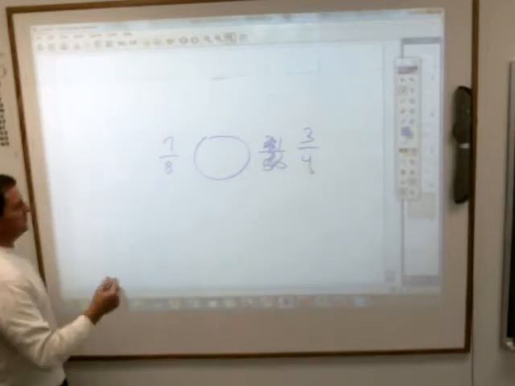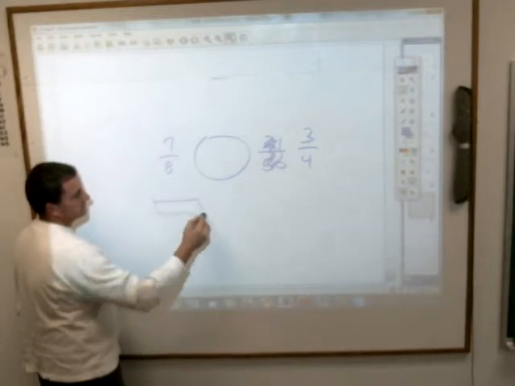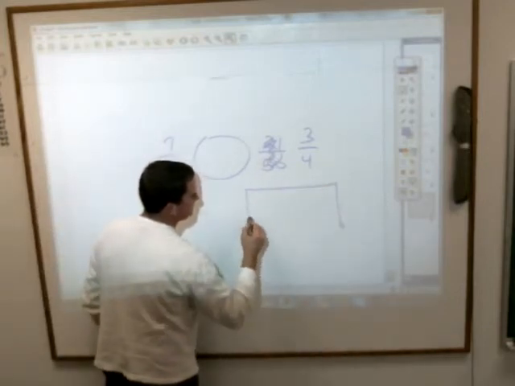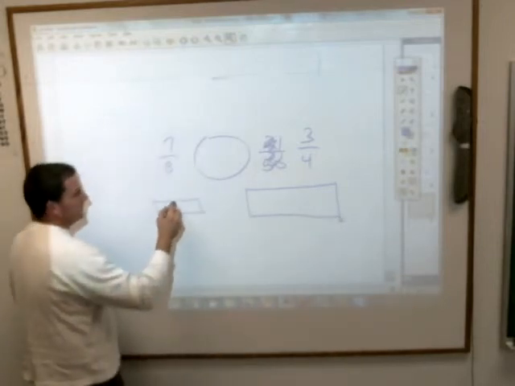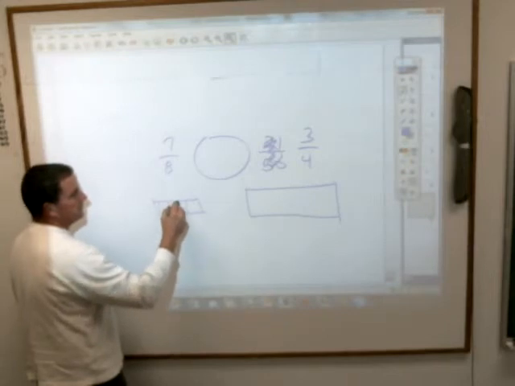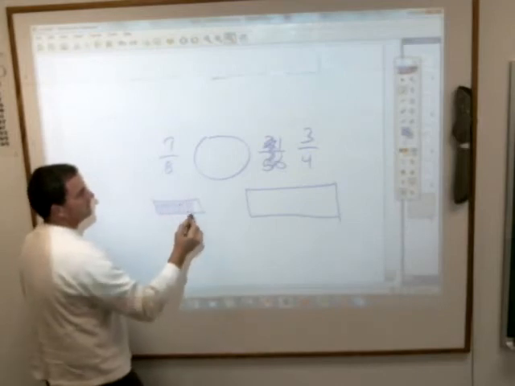Well, let me draw a picture. Eight, cut in half, now make 4s, cut each one of those. I have 7/8, which means I have 1, 2, 3, 4, 5, 6, 7.